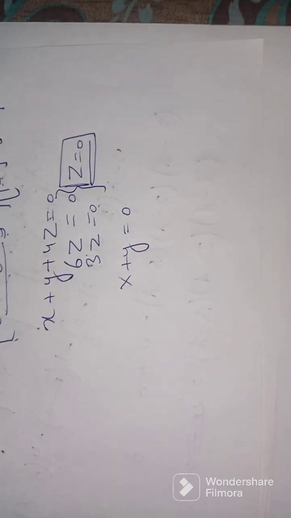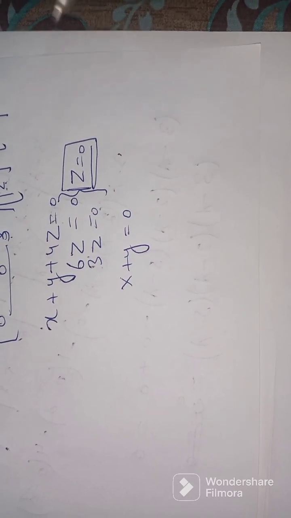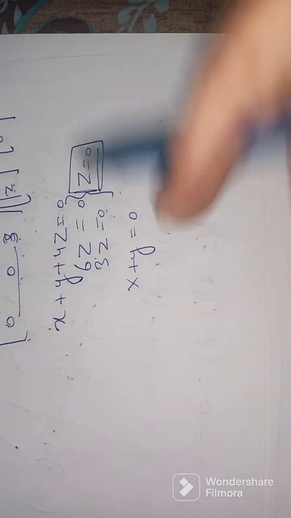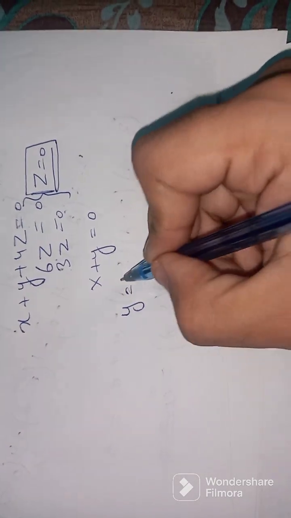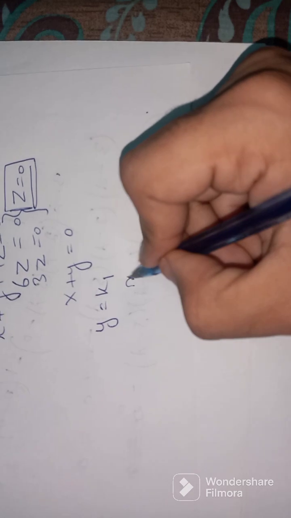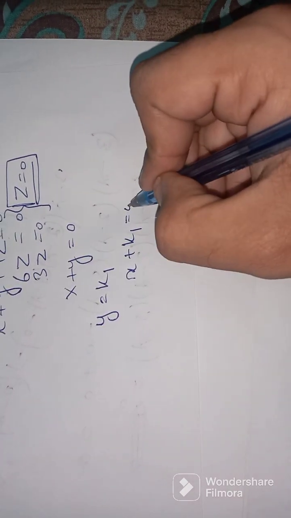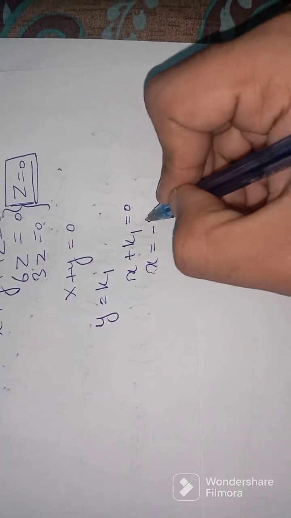Okay, how to find the values of x and y? We just have one equation left now. Substitute y equals k1, you will get x plus k1 equals 0, so x is equal to minus k1.